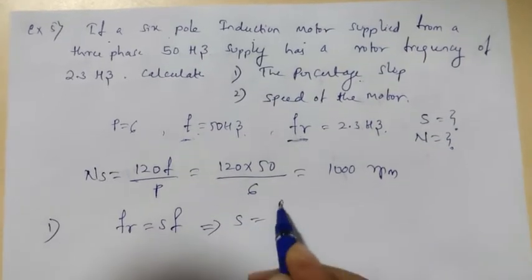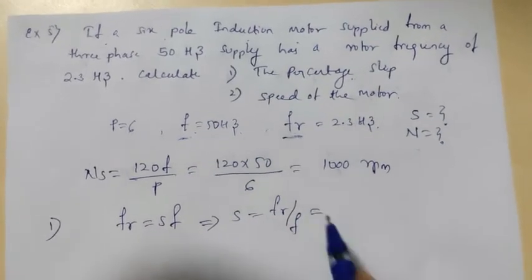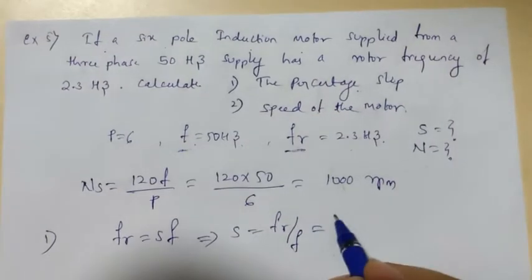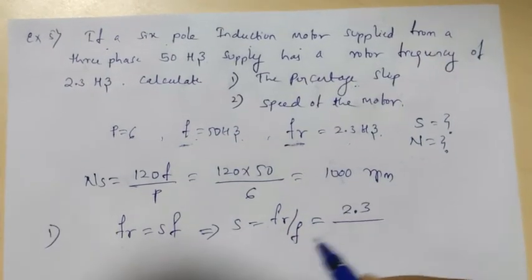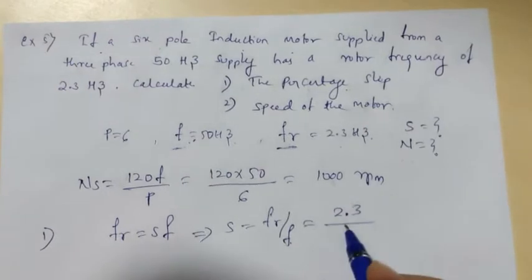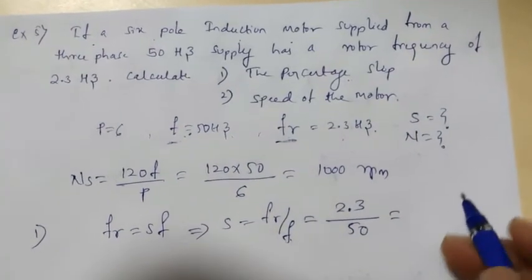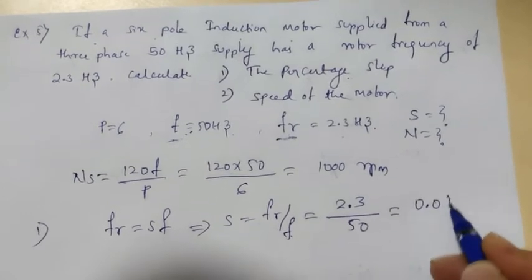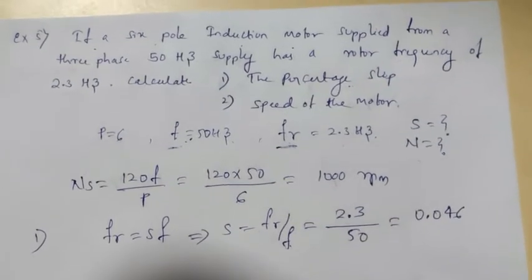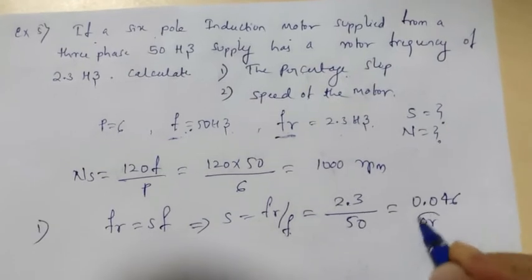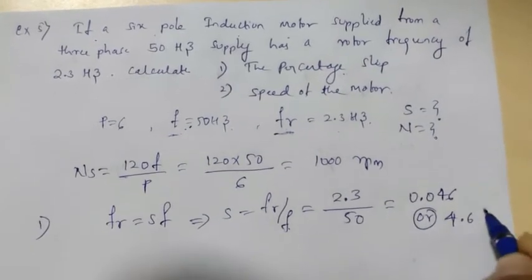S is equal to FR by F. FR means 2.3 Hz divided by F, the supply frequency, 50 Hz. So you will get 0.046, or you can write it as a percentage, 4.6 percent.